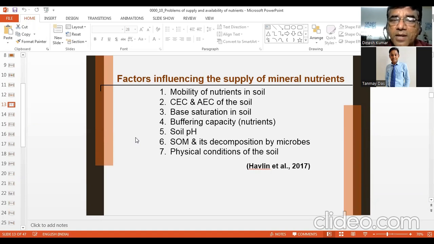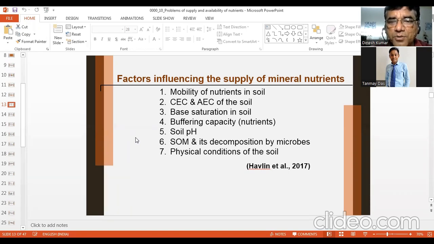Soil organic matter and its decomposition by microbes is very important. You know that soil organic matter has more than 1,000 roles. It improves physical, chemical, biological properties of the soil. If soil properties are improved, they will definitely lead to retention of more ions, more nutrients in the soil, more supply to the plant, and better plant growth.